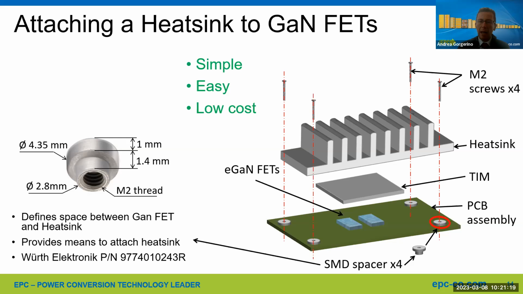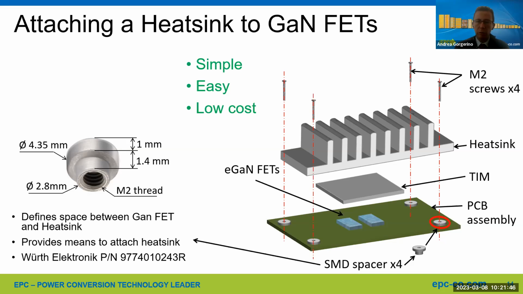You basically just add the thermal interface material. Now the choice of the TIM is important. You want to have a high performance TIM material here, but even those are a little bit expensive sometimes. The advantage is that the area that you need is extremely small, because these devices are so small. You need very little of these TIM materials. So basically, at the end of the day, the overall cost is very, very small. And then you add the heatsink on top.